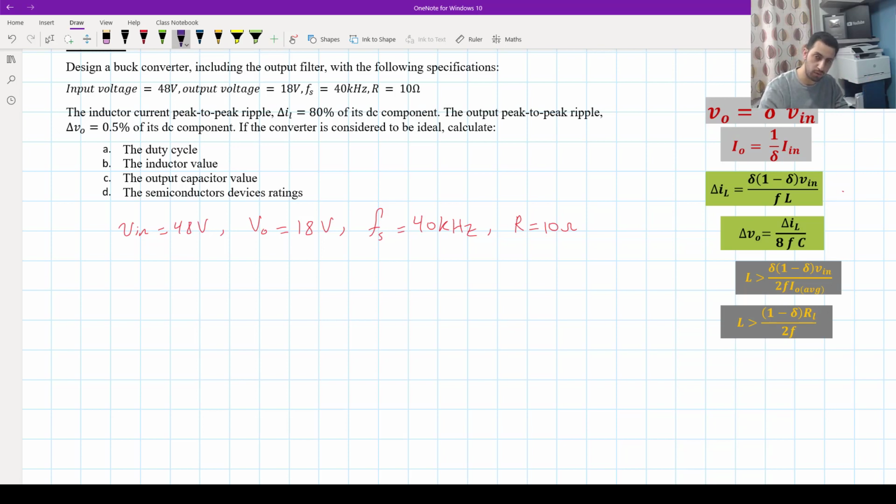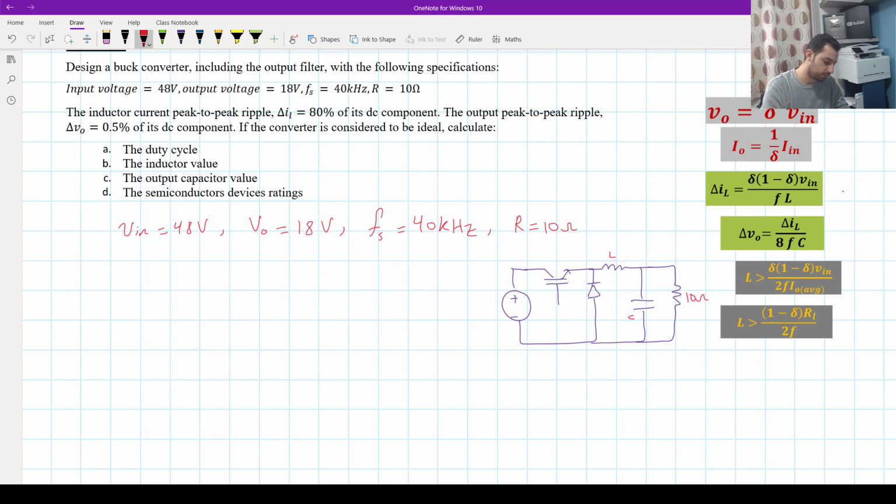So that's why I'm going to just sketch the circuit, which is here positive negative for the source, and then we have here a switch, for example an IGBT, and we have here a diode and an inductor and then a capacitor, and finally we have a load. So that load is 10 ohms. We have L, we have C, we want to design them, we have the diode, and we have the switch.